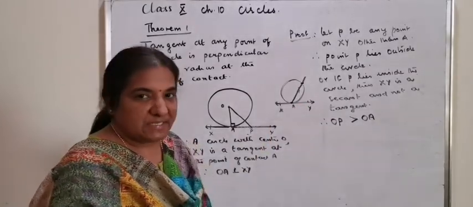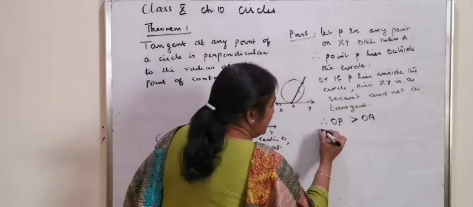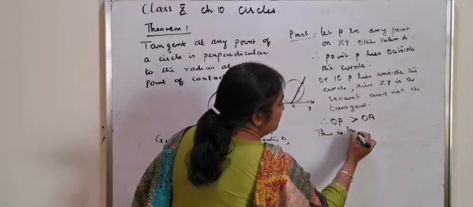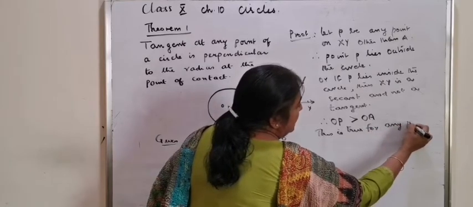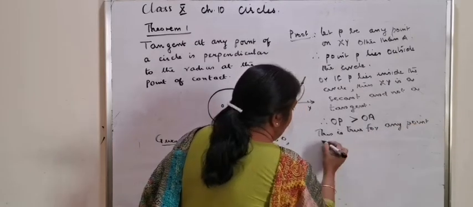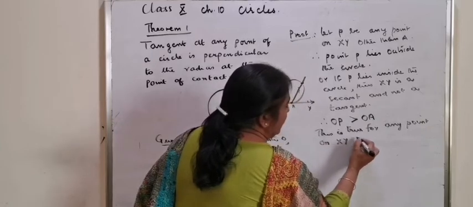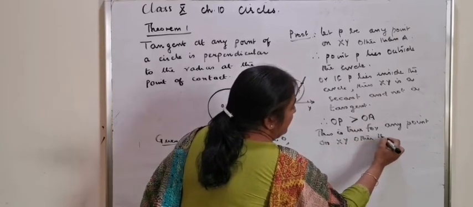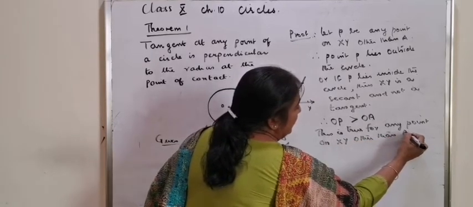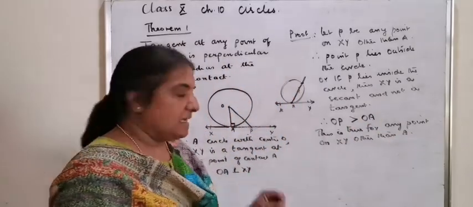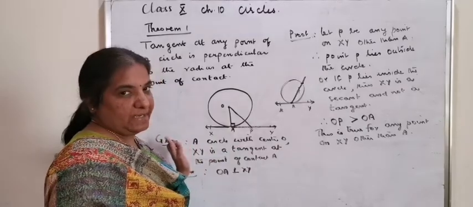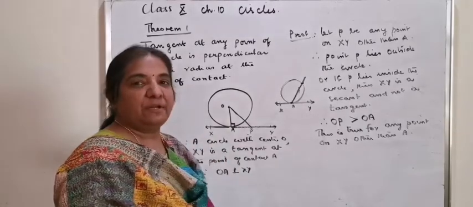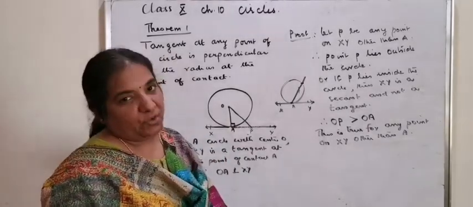So how do you present this? This is true for any point on XY other than A. That is, wherever P is taken on the tangent XY, the length of OP will be bigger than OA.